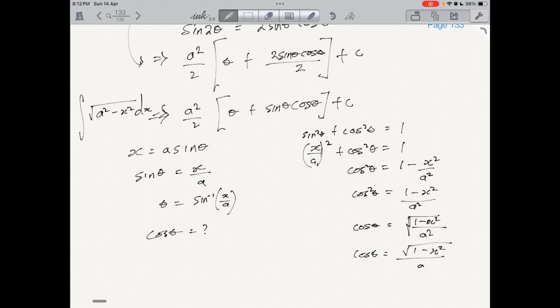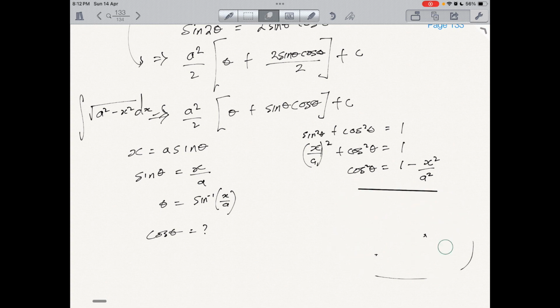Okay, I think we made a mistake. From the LCM here, taking the LCM of 1 minus x squared over a squared, you will have a squared minus x squared divided by a squared.